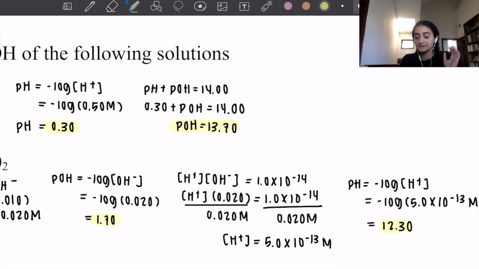So those are two different ways to calculate pH and pOH given the concentrations. Again, like I mentioned earlier, the different equations can help you in different ways depending on what you're given in the problem. So it's good to know how to use all the different equations, which is why I did the problems differently. So that concludes this week's video.